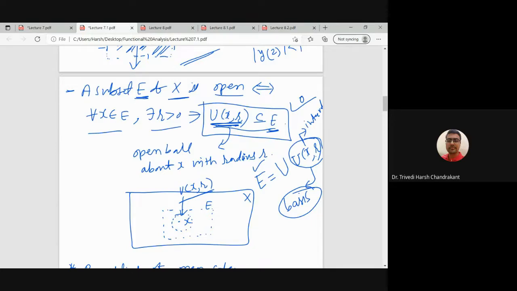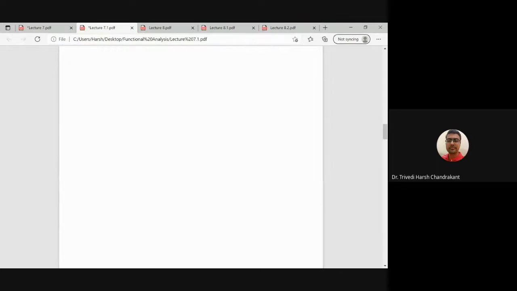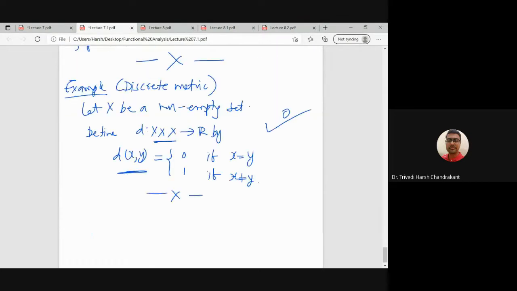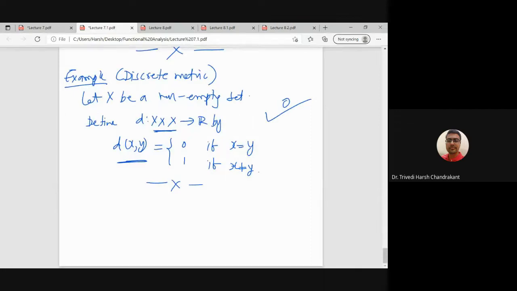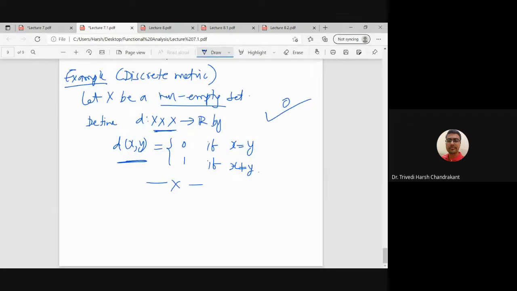So basically we need to find all these sets U(x, r) with respect to the trivial metric. If we take any non-empty set and define the basic open set, then what are the basic open sets here? A basic open set is basically the set of y such that the distance of x from y is less than r.